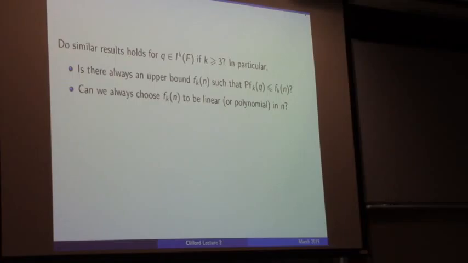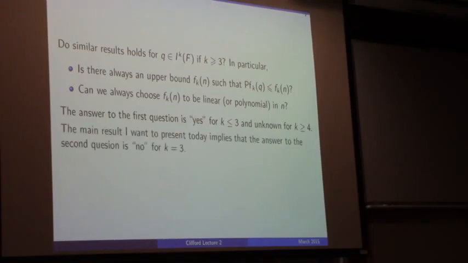And if such a number exists, can we moreover always choose it to be linear in n? The answer to the first question is yes for k at most 3, and unknown for k greater than or equal to 4. The main result I want to present today implies that the answer to the second question is no for k equals 3. So there is an upper bound like this, f_k(n), but it is exponential in n. It's not linear in n.